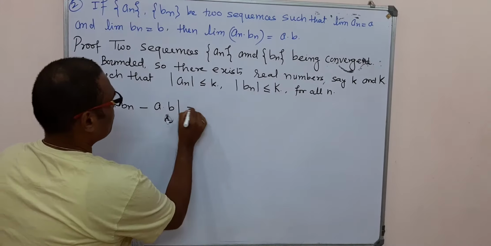Then we have b_n minus b and a_n minus a, and we apply the triangle inequality. Then this is the mod of a_n into the mod of b_n minus b, plus the mod of b into the mod of a_n minus a. Say it is 1.